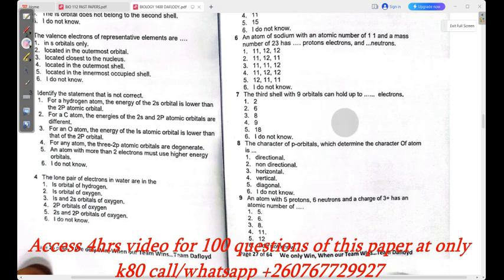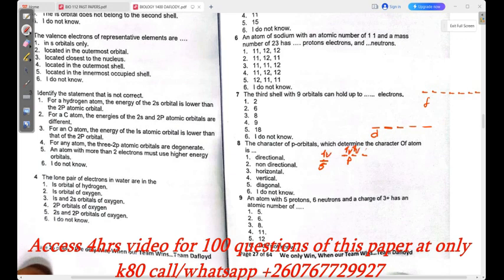Like the way we had the s, we said that this one has got a single orbital. The p has got 1, 2, 3. Then the d has got 5: 1, 2, 3, 4, 5. Then f has got 7: 1, 2, 3, 4, 5, 6, 7. So each one of these atomic orbitals can hold a maximum of 2 electrons.